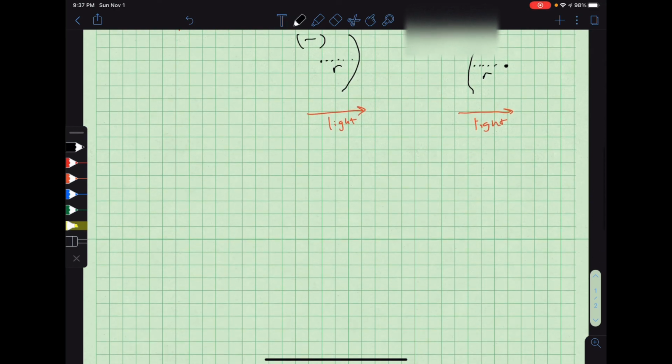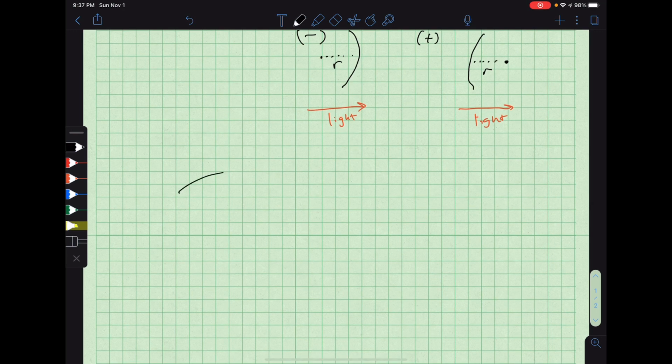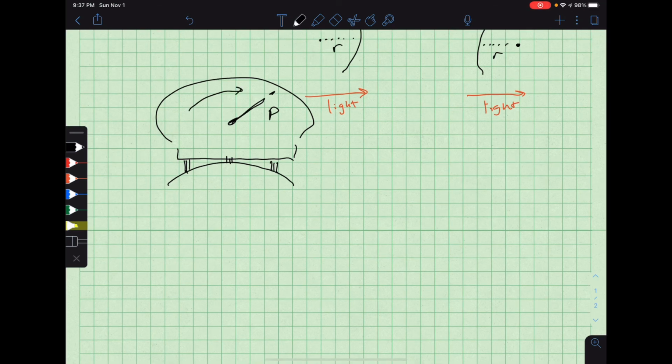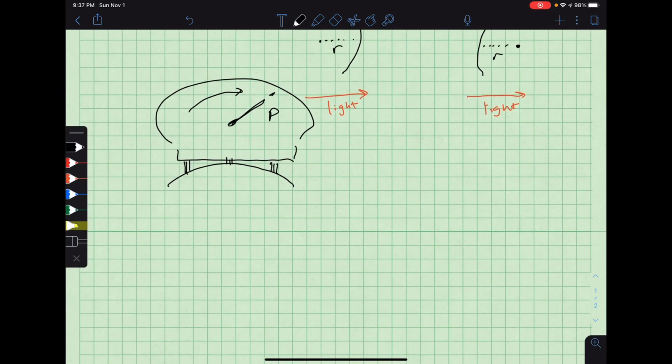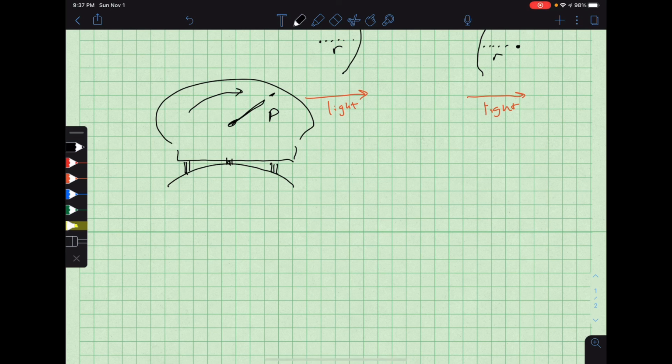A lens clock is an instrument that will measure the radius of curvature by pressing down on the surface in 3 different locations, and using the different measurements of these distances, the lens clock will read out the power. So it has a little dial that will point to a power reading, and that dial will swing around in different directions, depending on how far in this middle point is pressed because of the curvature of the surface.